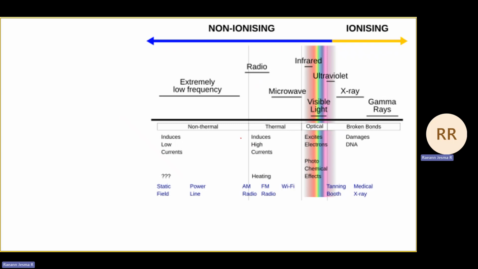When the supply of blood stops, the cells start to die, and this is called necrosis. If necrosis of the tissue happens, that means the tissue has died. That is how they are doing the tissue ablation.